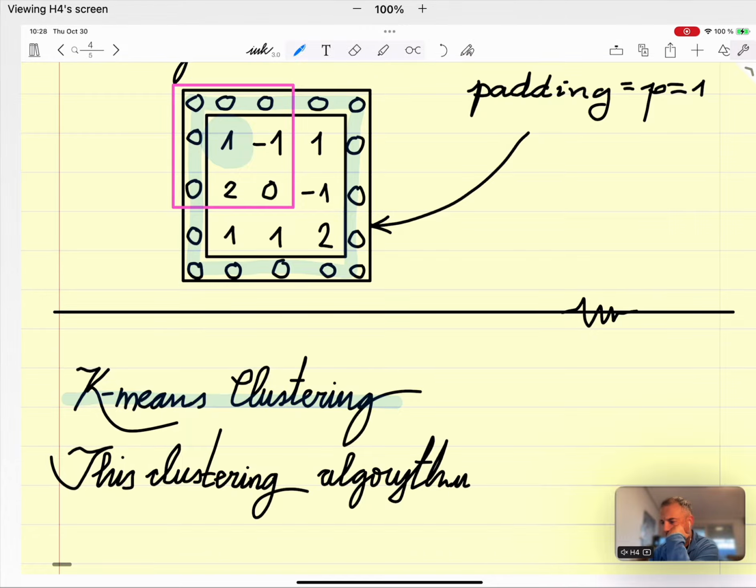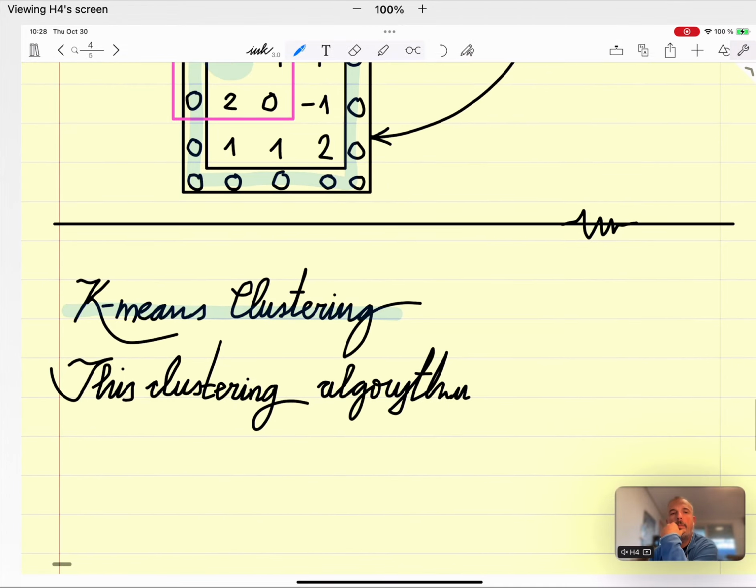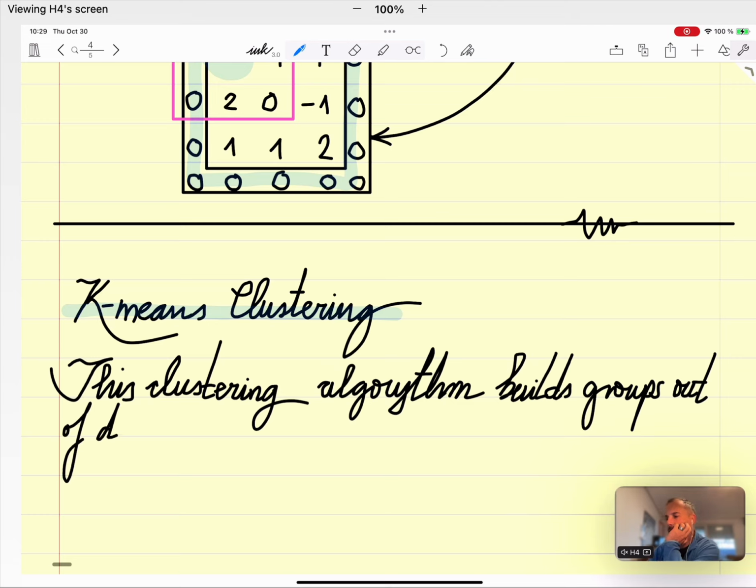This clustering algorithm builds groups out of data.